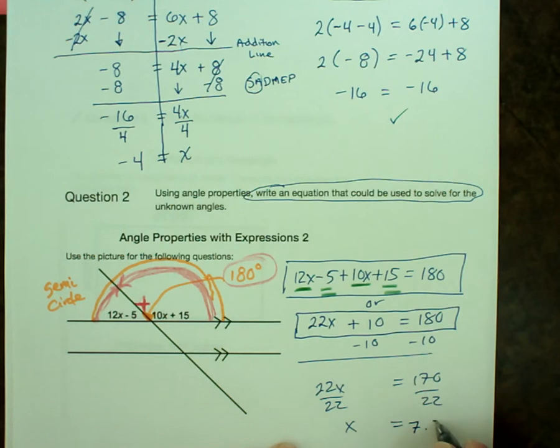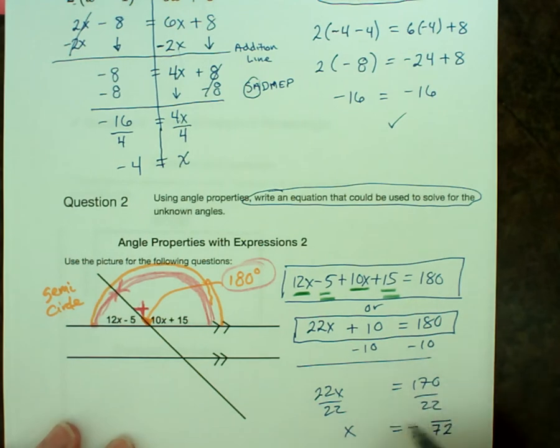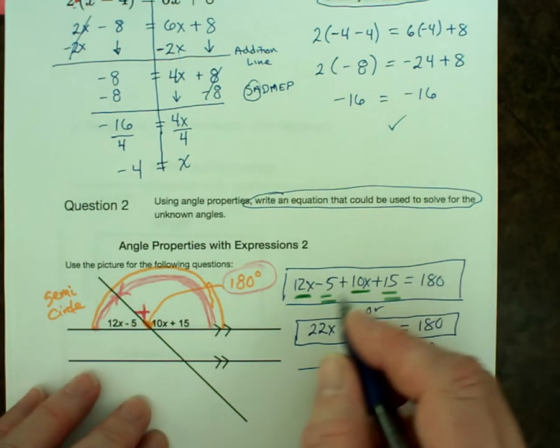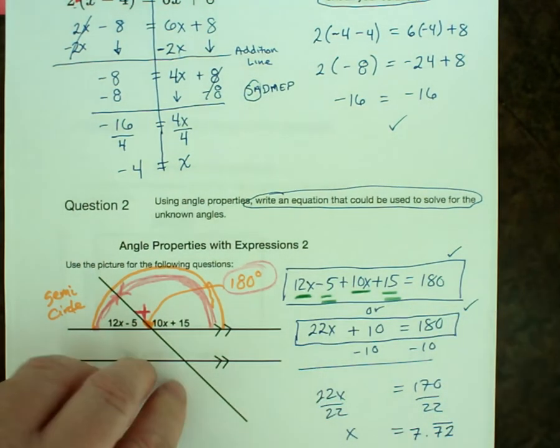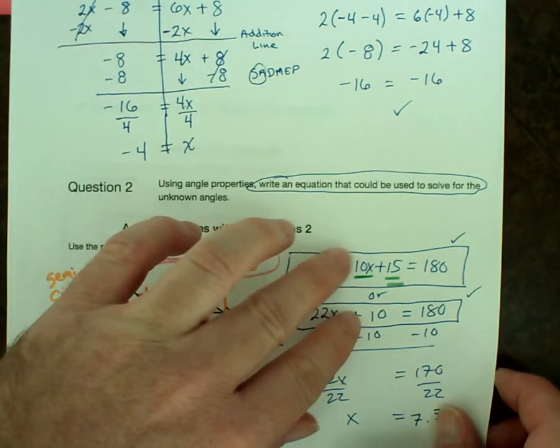So it's rational because it repeats, and because x equals 170 over 22. But this was the answer here, this or this. So you could stop at either.